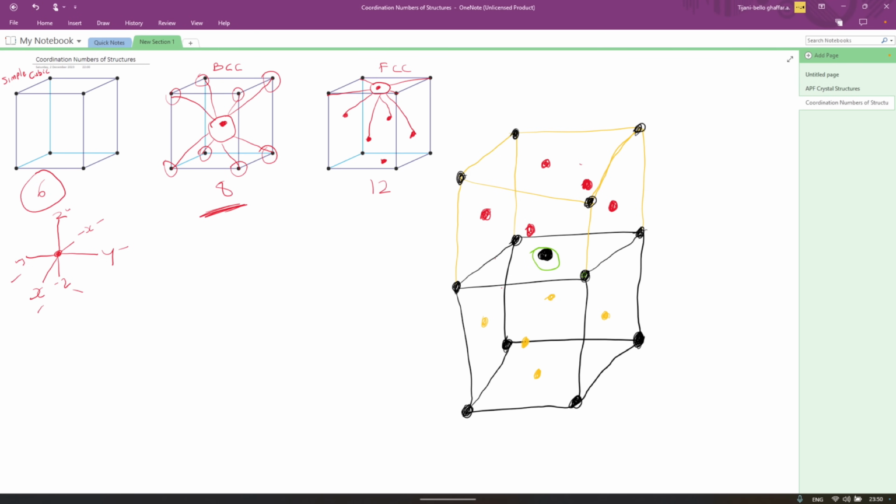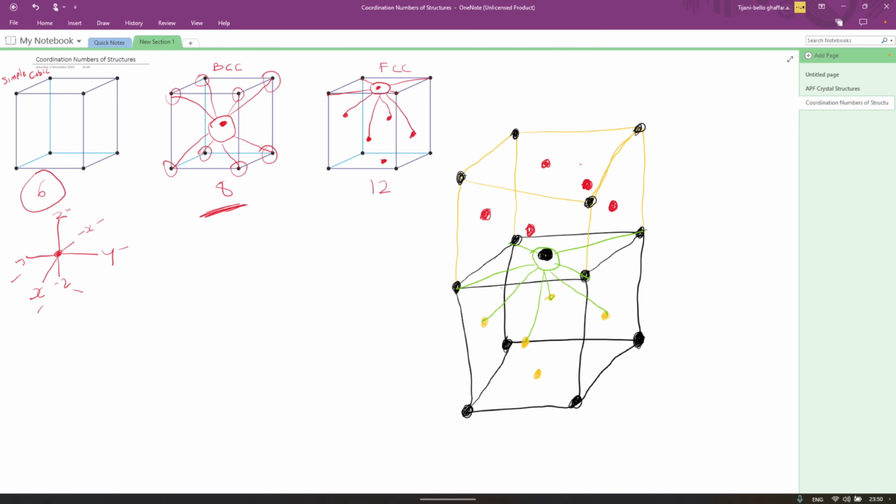Now this guy cannot touch this guy. He can't go close to this guy. Neither can he connect to this guy. He can only connect to the side facing atoms and the lattice points that are on his own layer. So now I'm going to be connecting them, and we have to count 12 together. 1, 2, 3, 4, 5, 6, 7, 8.